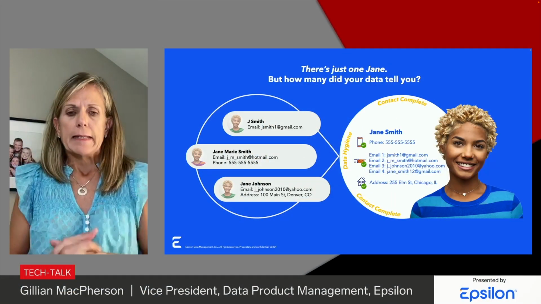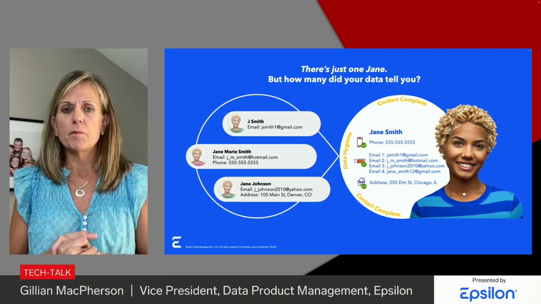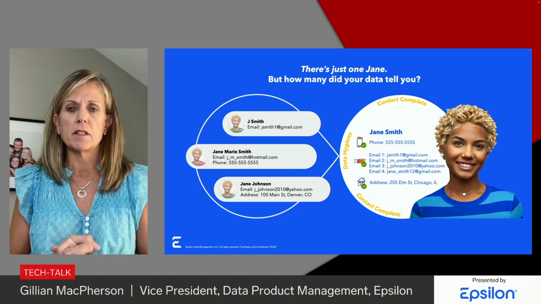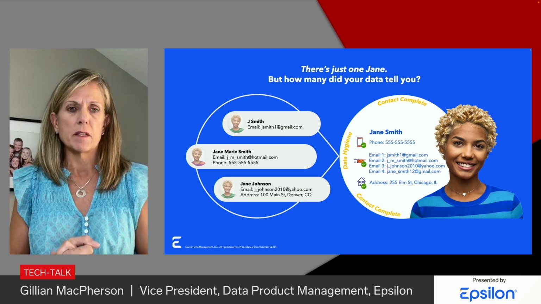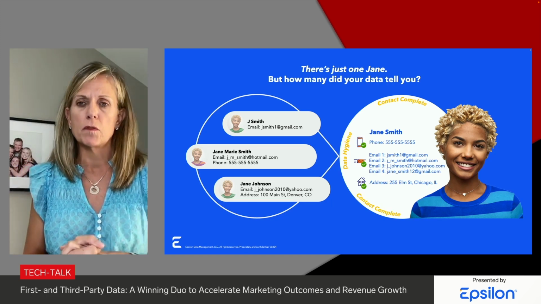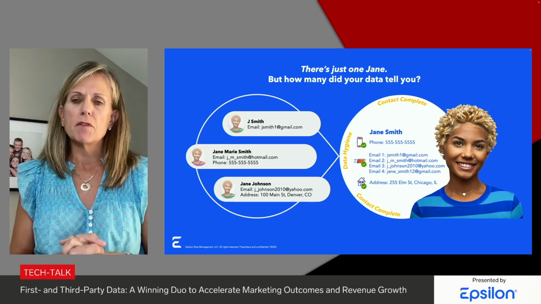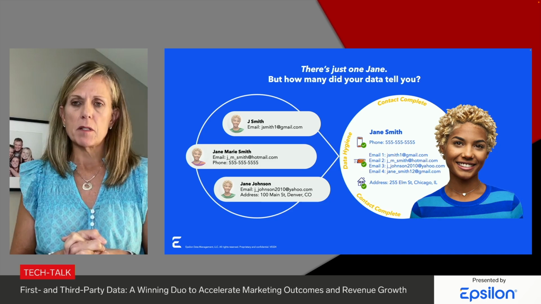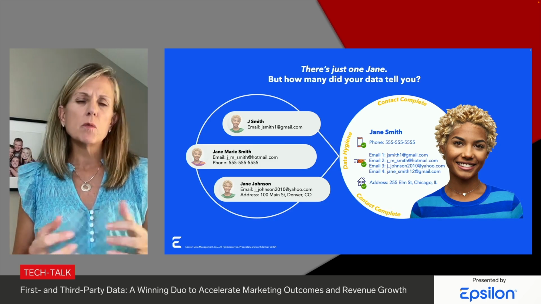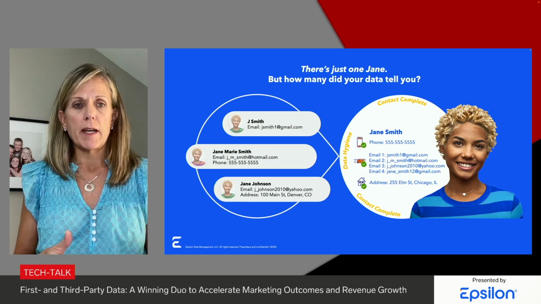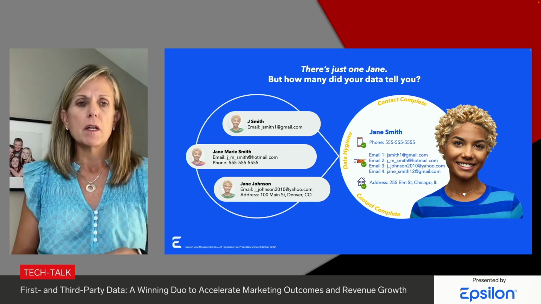So to start, setting the foundation. Here's an example that we've seen with a lot of different clients that we've worked with. I'd be curious to see if people can look at their own first-party data to see this, where you can have a lot of different data points about a customer and different records, but do you really know that they're actually the same person? In this particular case, we have 3 different records.